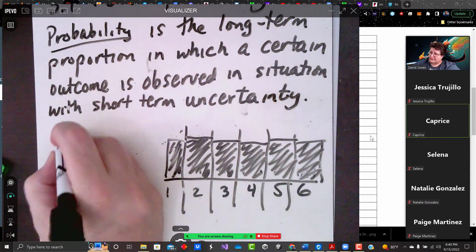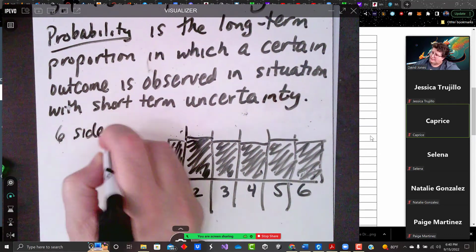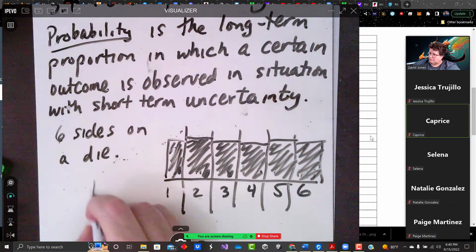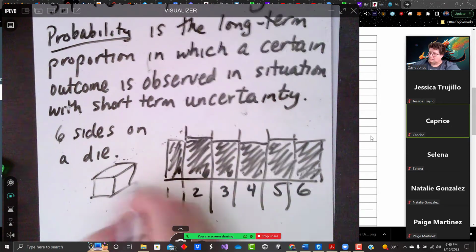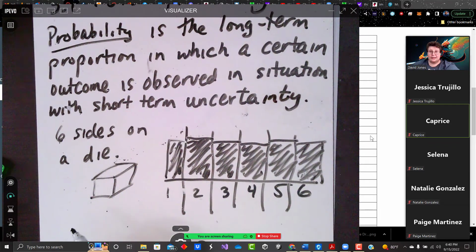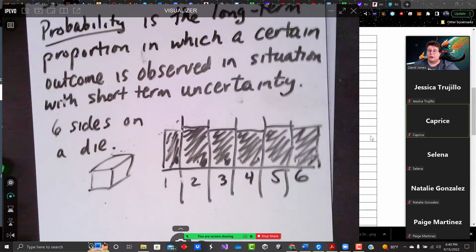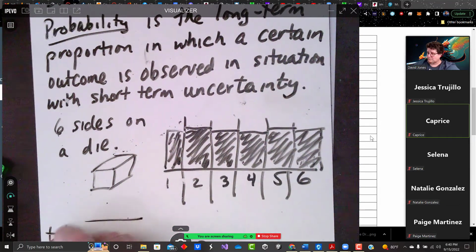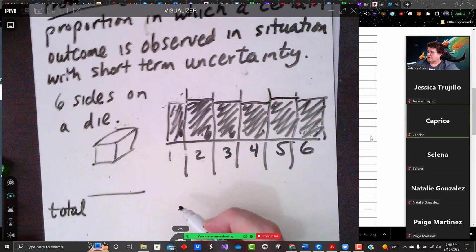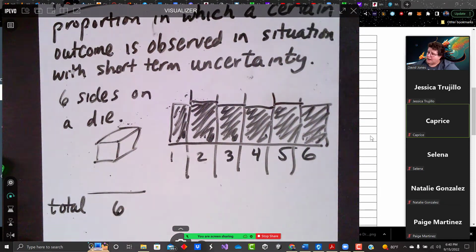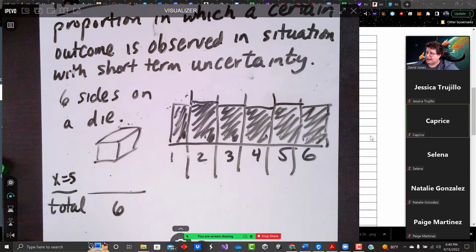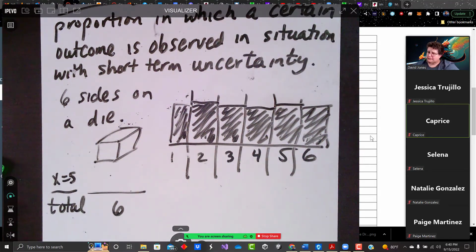There are 6 sides on a die. And the odds of any given side coming up are related to how many total sides there are. So total is 6. And whatever number I'm looking for, like x equals, say, 5, how many outcomes are on the die?